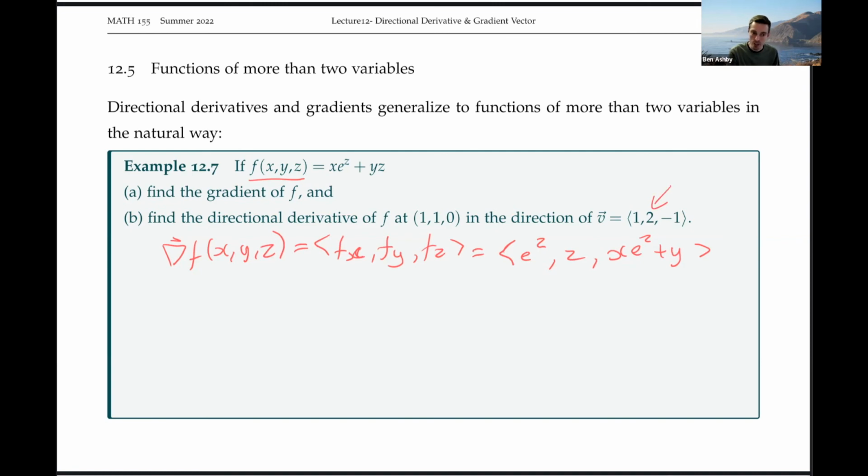Note first of all that this is not a unit vector. So if we let u be our unit vector in the direction of v, then it's going to equal v over the length of v.